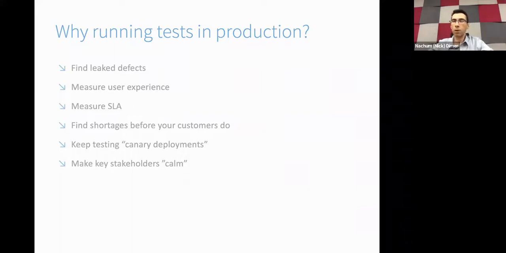And of course, we usually have a lot of key stakeholders, from product managers to IT managers, CTOs, CEOs, and so on. So running tests in production gives us a single pane of glass for understanding how our system behaves in production, from a failure and defects perspective, from a performance perspective, and from a service level agreement perspective, which is super important to measure over time.